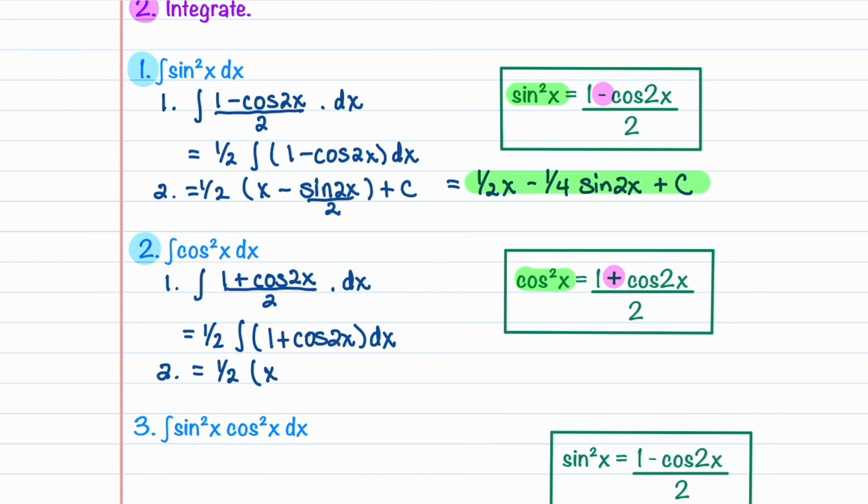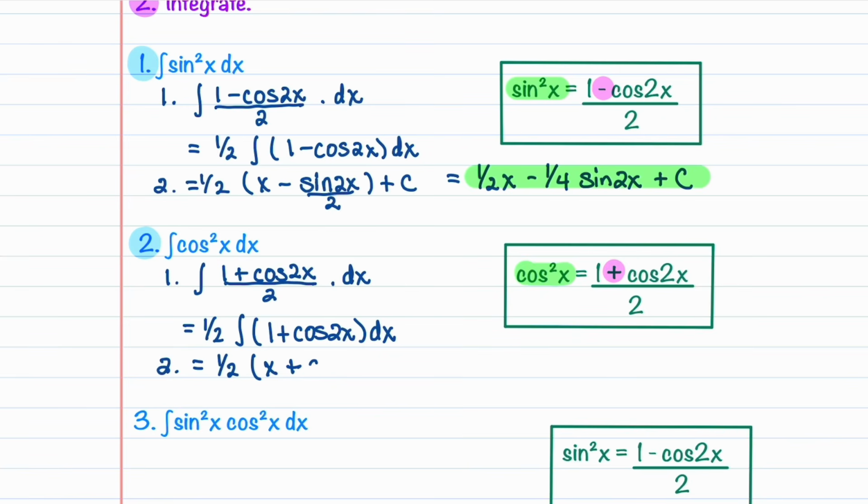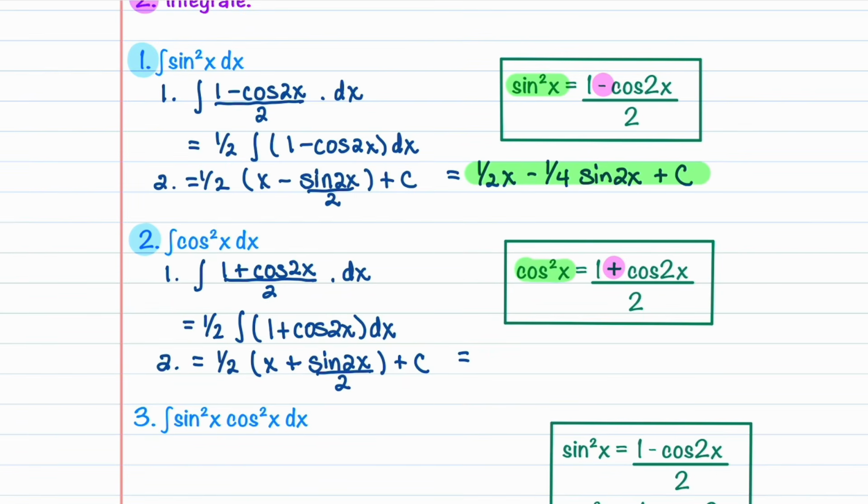The integral of cosine 2x is a plus sine 2x, but don't forget we have to divide by 2 because we have a 2x instead of an x. And then we have our plus c. Let's rewrite this, and our answer is 1/2 x plus 1/4 sine 2x plus c. And there's our final answer.